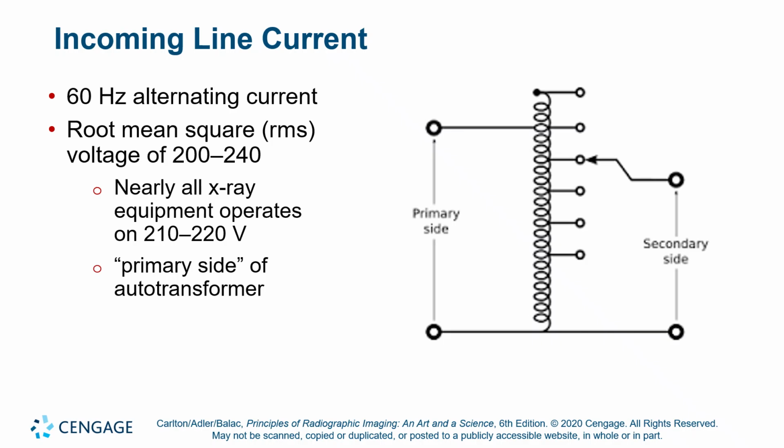Okay. All right. So getting back to the main circuit, it starts with hospital power supply. They're going to give us 60 hertz alternating current. The root mean square voltage of 200 to 240. You might recognize that as 220 plus or minus 20, which is very similar to 110 plus or minus 10.